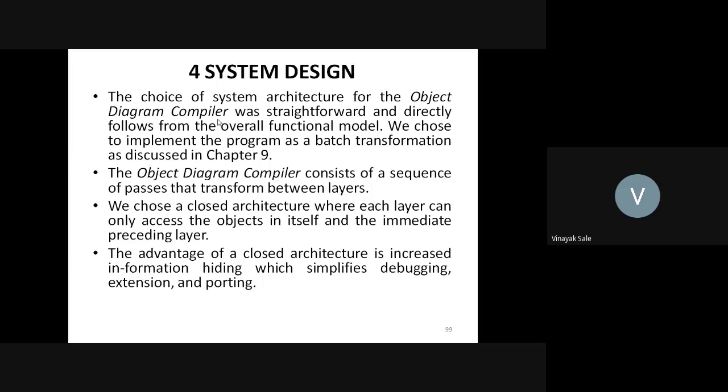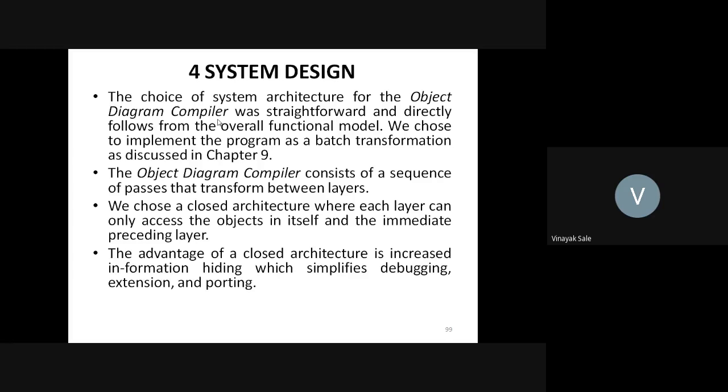Once analysis is done, the choice of system architecture for the object diagram compiler was straightforward and directly follows the overall functional model. We select to implement the program as a batch transformation. The object diagram compiler consists of a sequence of passes that transform between layers.